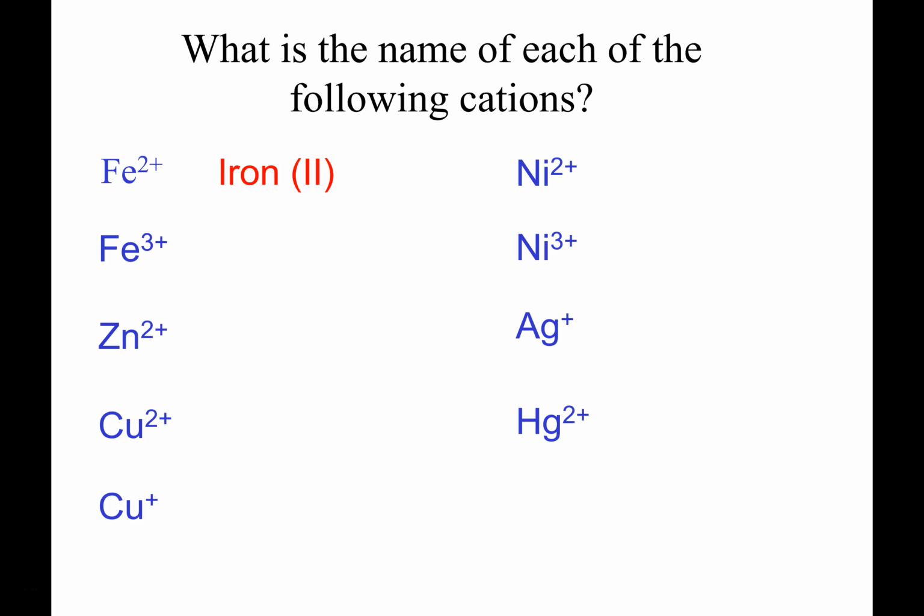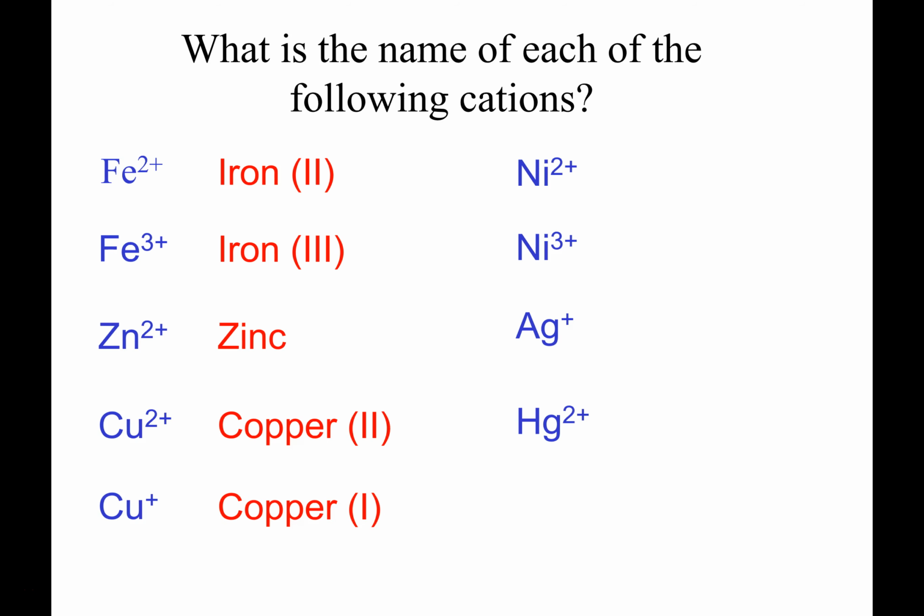Perfect. The next one? Iron 3. Yep. How about zinc? Zinc. Perfect. Copper 2. Perfect. Copper 1. Yep. Nickel 2. Uh-huh. Nickel 3. And then silver. Just plain old silver. Yep.